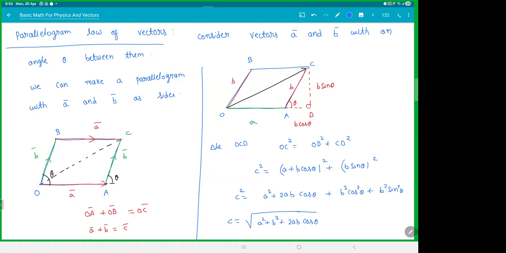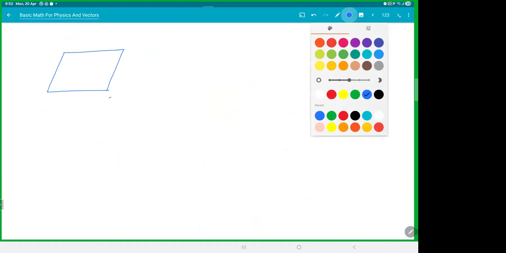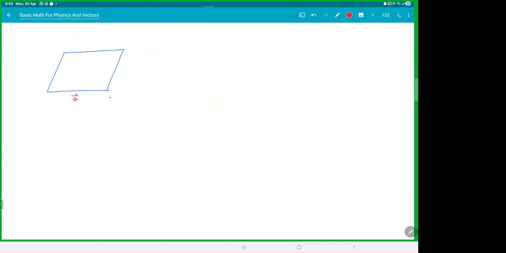So let me put it in a more usable form. The derivation is really not that important because it is there for 11th boards, but 11th board exams are not there, so anyway, you're safe. So if you have a triangle, let's say this is O. This is A bar, this is your B bar, this is also B bar, this is your C bar.